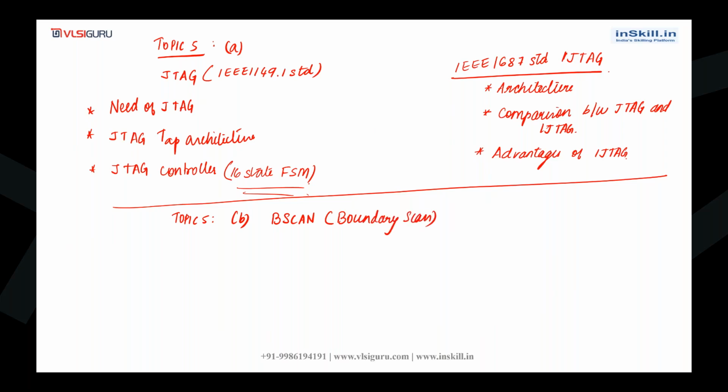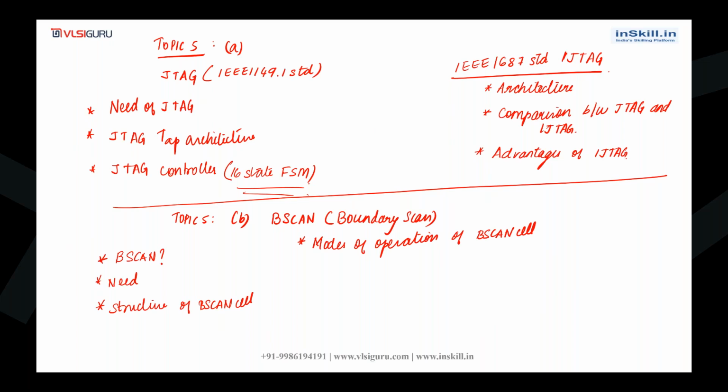Under boundary scan, we will be covering what is boundary scan, what is the need of it, what is the structure of the boundary scan cell, and then we will try to understand the modes of operation of the boundary scan cell.